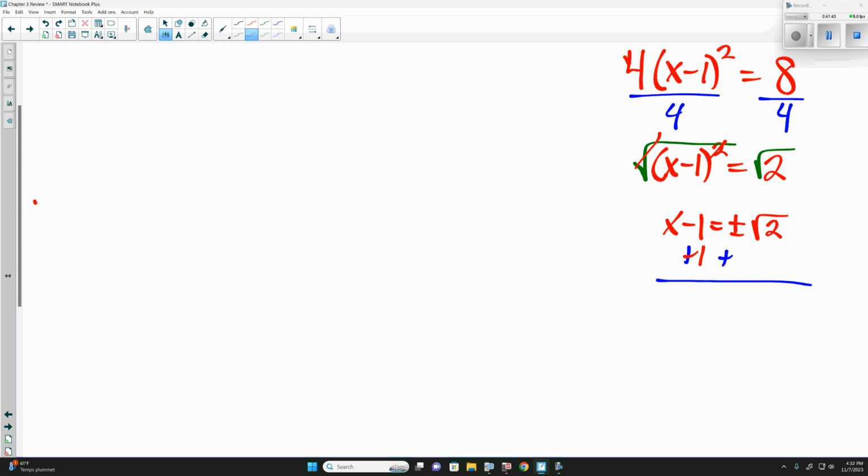Last thing we need to do is get x by itself, so we can add 1 to both sides, telling us x is equal to 1 plus or minus the square root of 2. We could have tried to graph it, set it equal to 0, and then plugged it in, but as we see here, this answer is irrational, so we would not have gotten nice numbers by factoring.